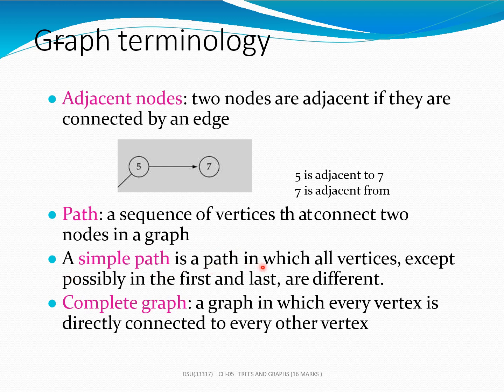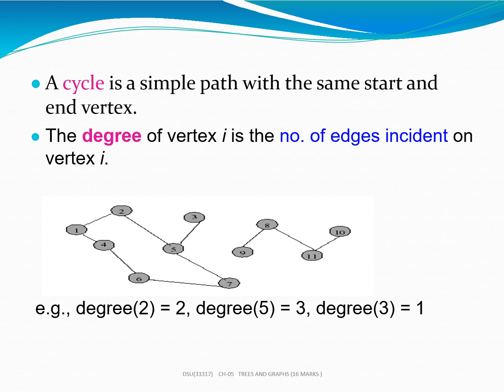A simple path is a path in which all vertices except possibly the first and last are different. Complete graph: a graph in which every vertex is directly connected to every other vertex is called a complete graph. A cycle is a simple path with the same start and end vertex. The degree of a vertex i is the number of edges incident on the vertex i.